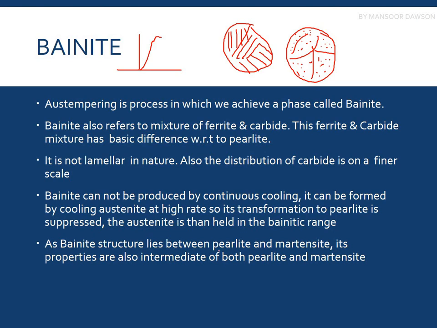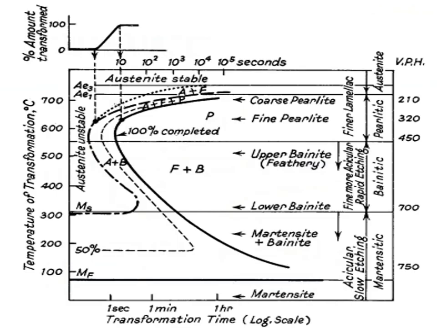The bainitic structure lies between pearlite and martensite. Its properties are also intermediate between both. So you will be getting a very good combination of the properties of pearlite as well as martensite. Martensite is the hardest phase, and pearlite is the softer phase as compared to martensite. And the bainite phase will give you intermediate properties.